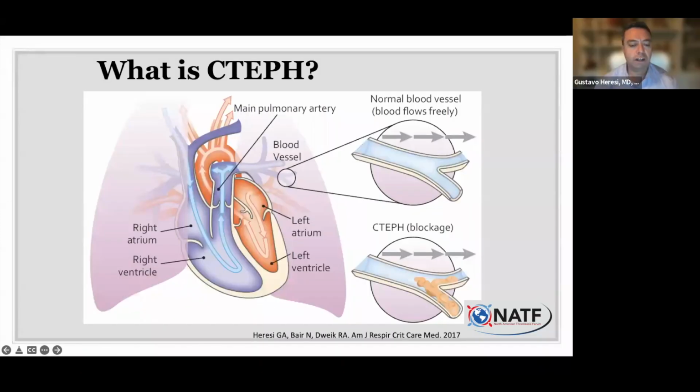Just to refresh everybody, we're talking about a condition that we think starts with a clot and becomes a scar that you can see there in this cartoon. This scar doesn't allow blood flow, and so you have high lung pressure in the pulmonary arteries. This puts a strain on the right side of the heart.